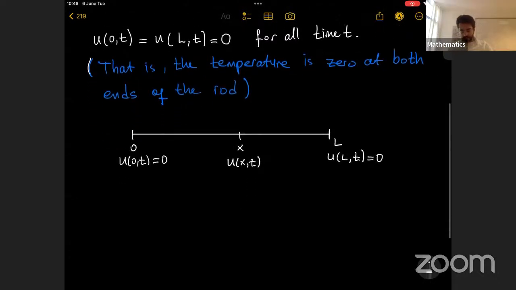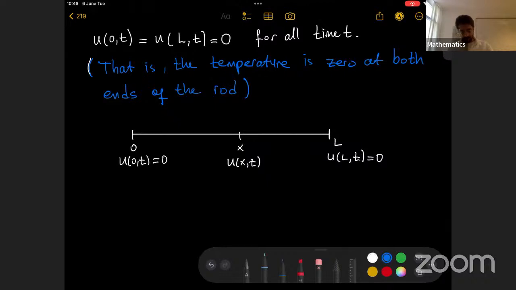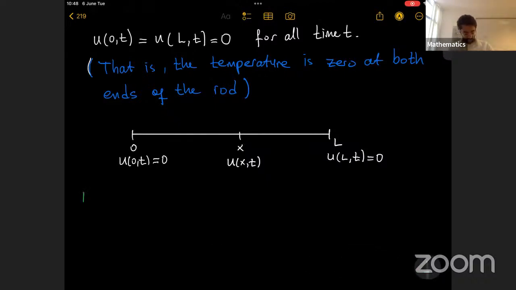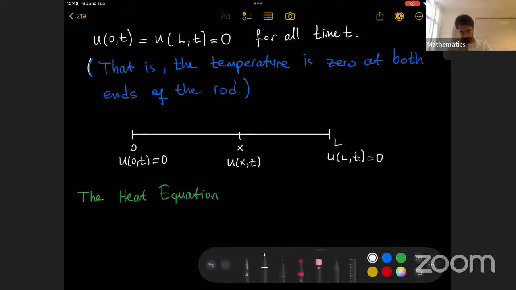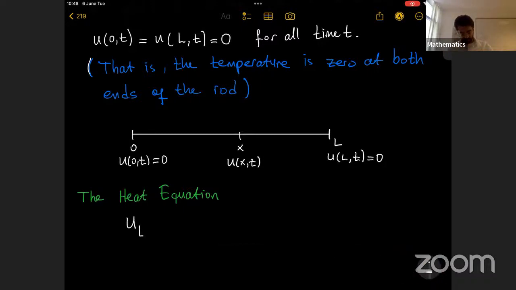Well, then the heat equation is the following. I will not go into detail, but we can write an equation to find the temperature at the point x and time t, the heat equation. It's given by u sub t, the partial derivative of u with respect to t, is equal to some constant alpha squared times u sub xx, the second partial derivative with respect to x.